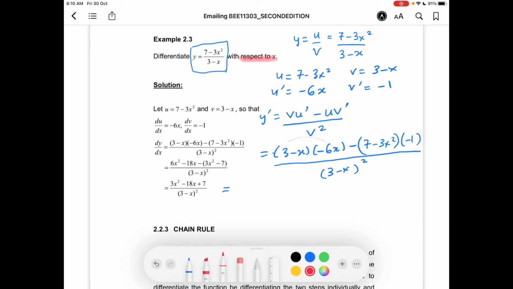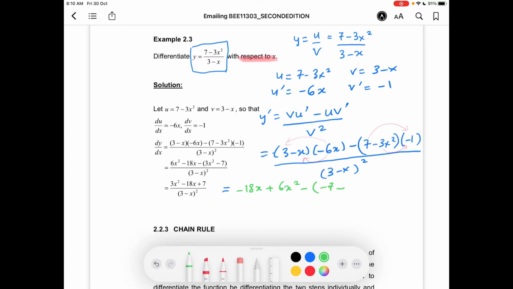Now just expand it one by one. You'll get 3 times minus 6x is minus 18x, minus x times minus 6x is plus 6x squared, minus 7 times minus 1, which is minus 7.